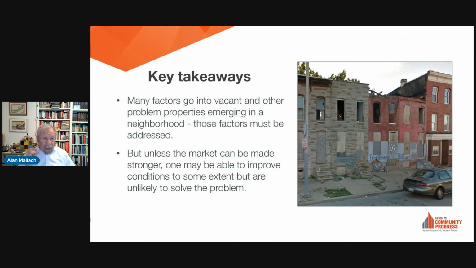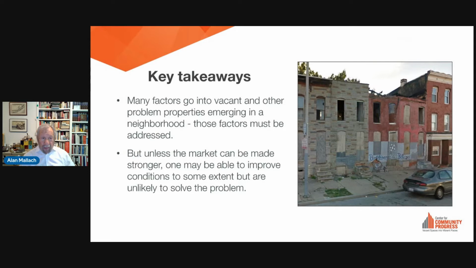You have to tackle bad public policies like tax foreclosure policies that send properties into kind of limbo. All of those things are important. But if you can't make the market stronger, you're just going to be working around the edges. You're very unlikely to be able to solve the central problems of that neighborhood.